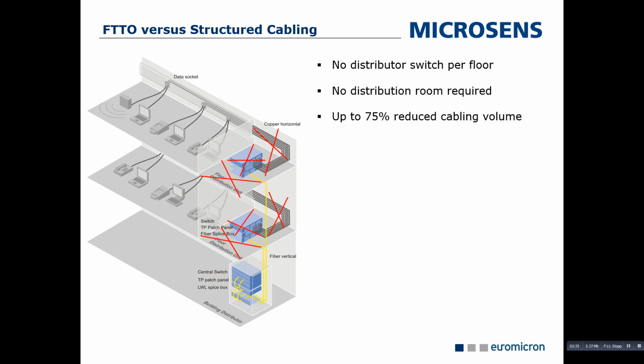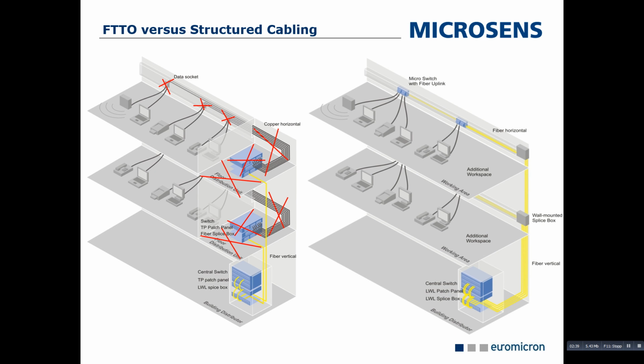So you can see here what Microsense has done. They said, okay, we are specialized in fiber. Let's take fiber for the whole building. Just take the normal RJ45 cable from the micro switch directly to the PC. So that means the distance is only 1 or 2 meters maximum from the switch to the end devices.